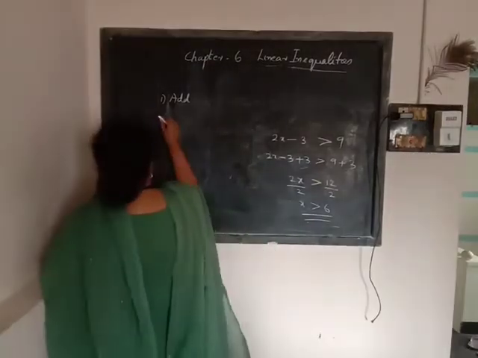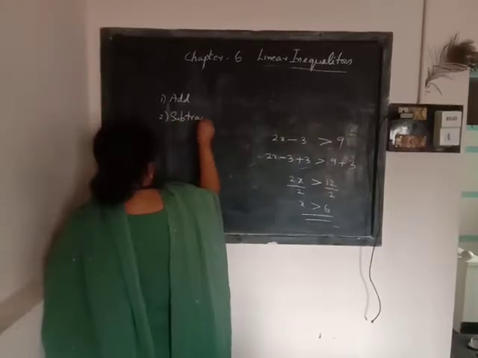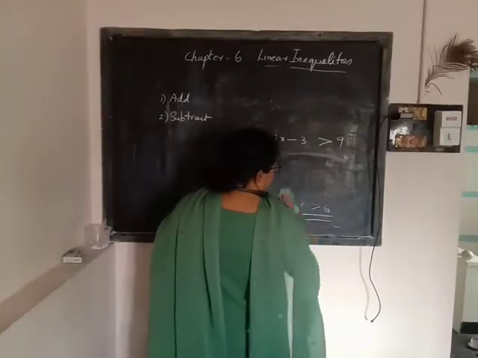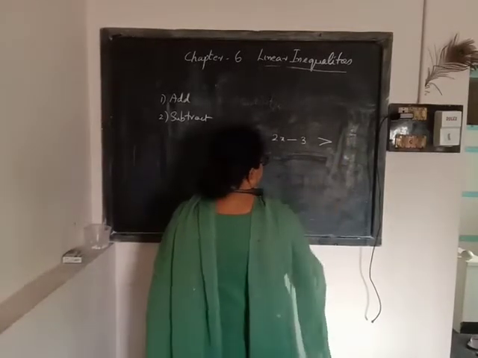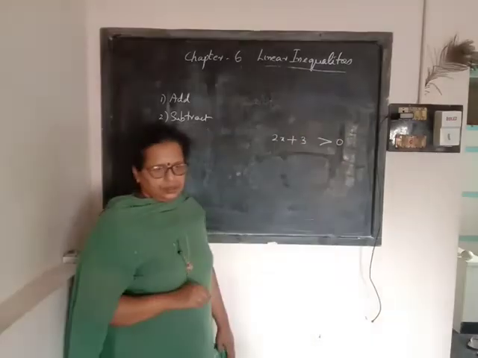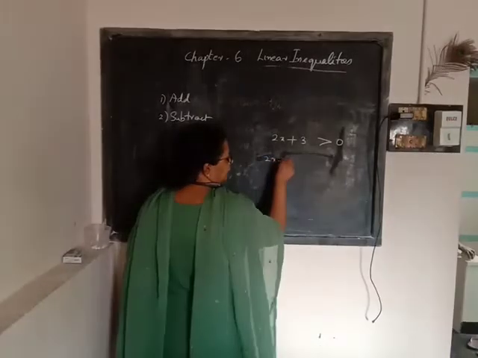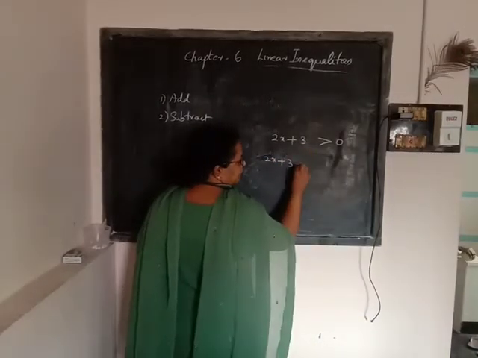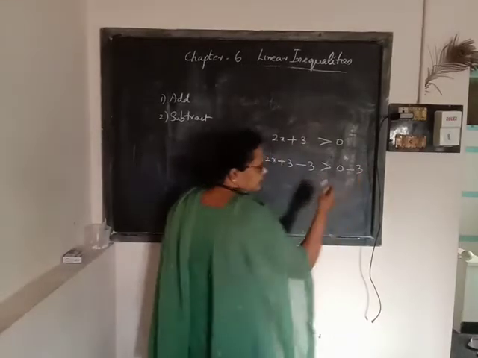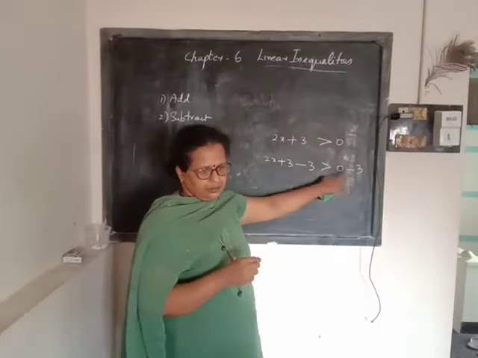In a similar way, we can subtract the same number. Look here, the inequality is 2x plus 3 greater than 0. I have to subtract 3 from here, and from the other side also I have to subtract 3. So the same number is subtracted from both sides.